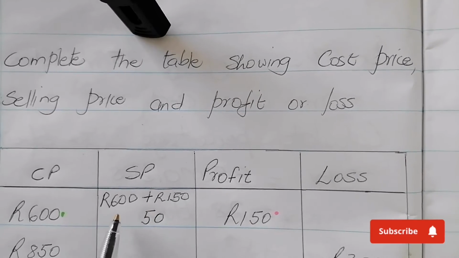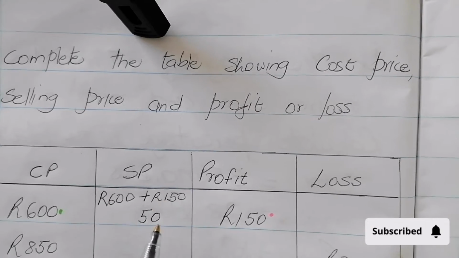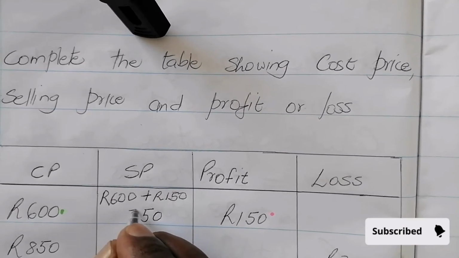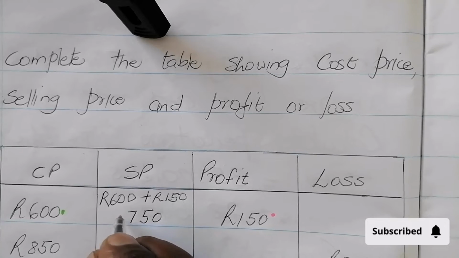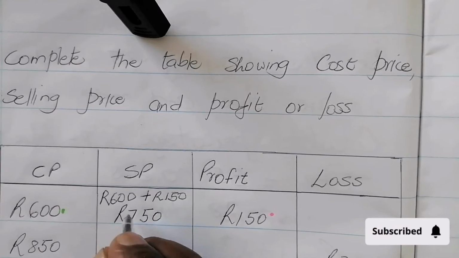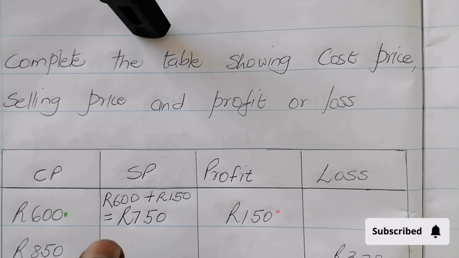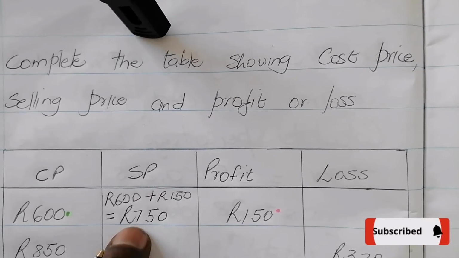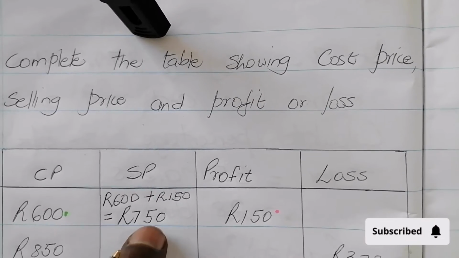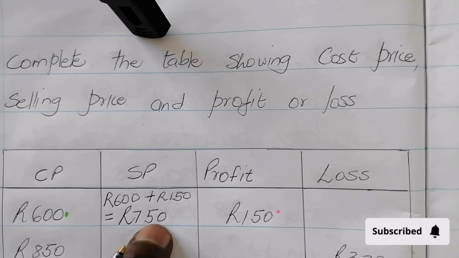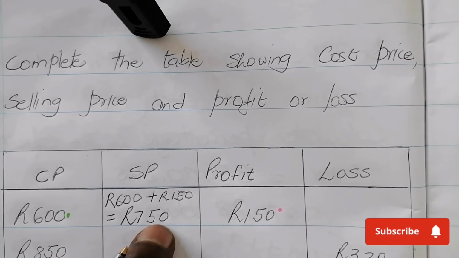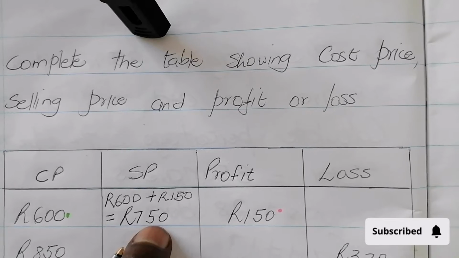The hundreds together. 6 plus 1, which is 7. So our selling price here is 750. We are done with that one.